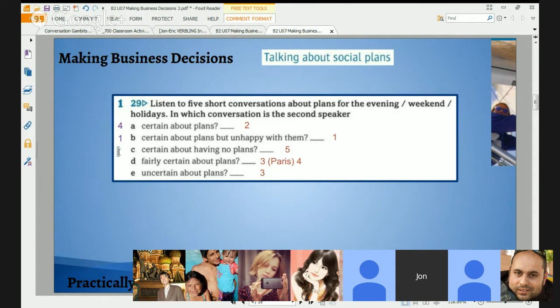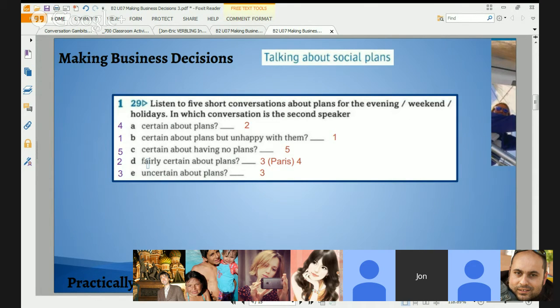For C, I had conversation 5, so we agree on that one. D, I had conversation 2, so we disagree on D. And for E, I had conversation 3. So my answers are a little bit different than yours. A and D, I have different answers. Let's take a look and find out why.